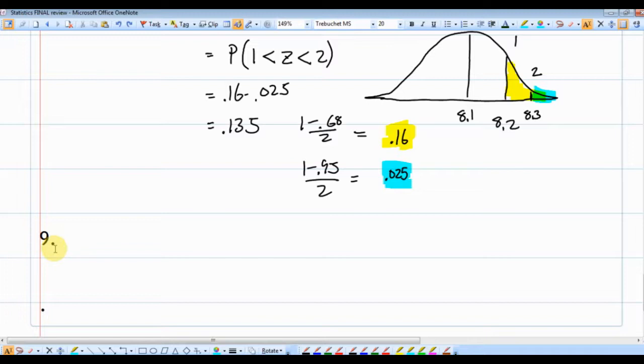I think we're going to stop at 9, or maybe we should go to 10. I'm not sure. Let's see how quickly. We can expect 68% to be within one standard deviation, right?